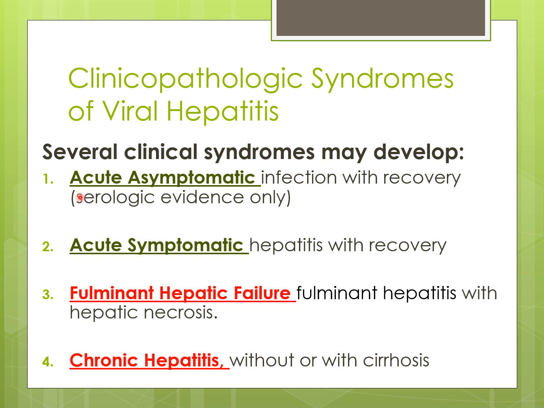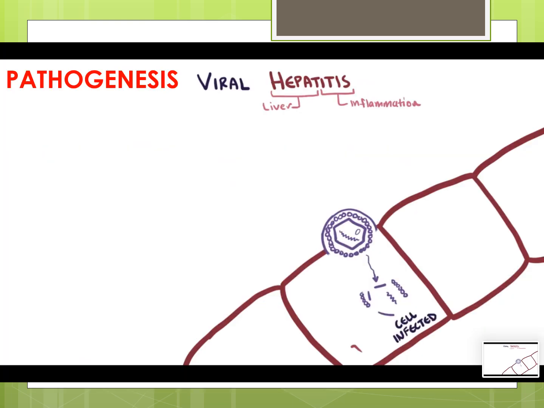As the name is suggesting, acute asymptomatic infection with recovery occurs when the patient does not have any symptoms, but there is serological evidence that the patient was infected by hepatitis virus. So acute asymptomatic, no symptoms. But the main one is the acute symptomatic hepatitis with recovery, which we will do now. But the other 3 and 4 we will do after these.